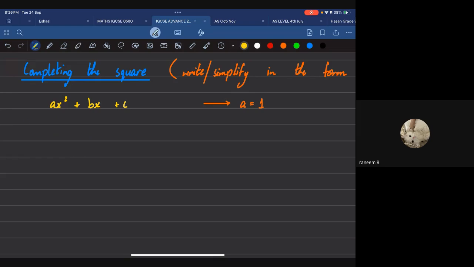Now forget about all of that. We're just going to take into consideration that A is equal to 1, or if A wasn't equal to 1, we made it equal to 1. So write it down again. Now this step is extremely crucial in the sense that half of B is added and is squared.